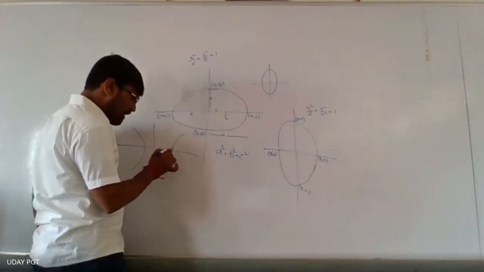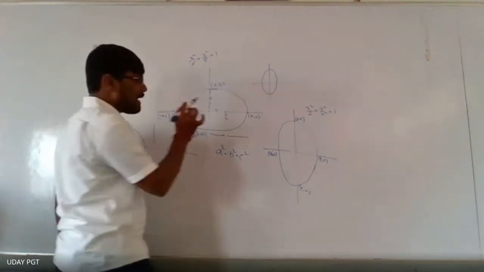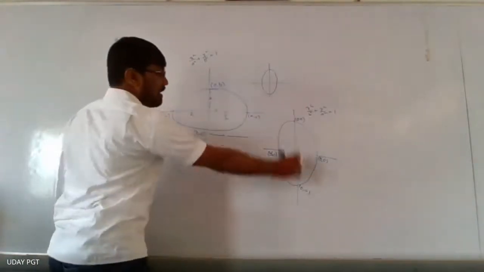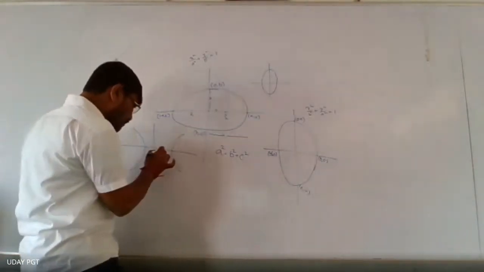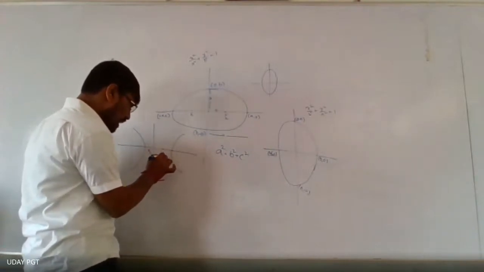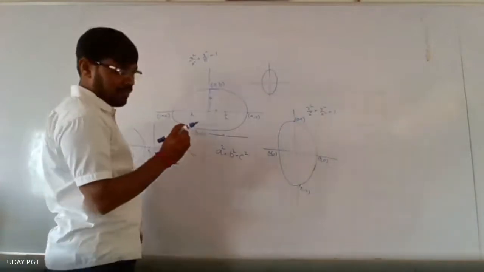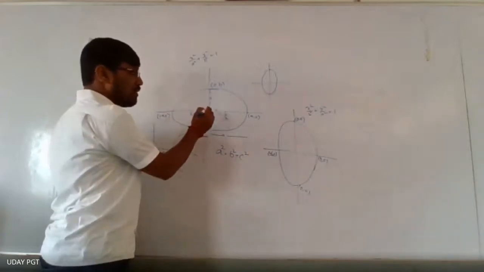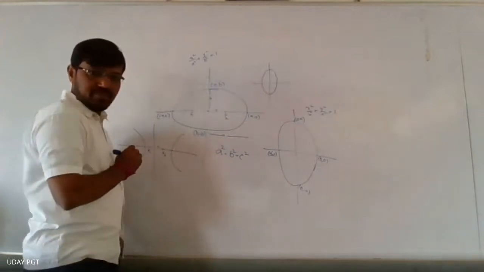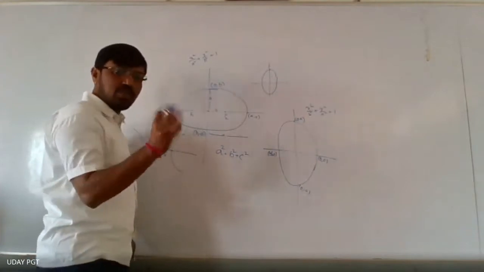So these two are the vertices, and the foci will normally be here, F1 and F2. Remember that from the center onwards, the focus distance in both cases is represented with C. This is C, this is C. So the F1, F2 distance is 2C.